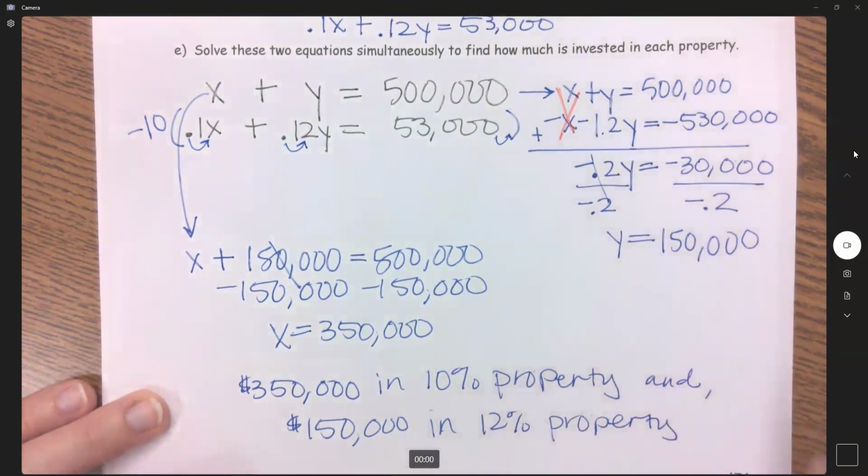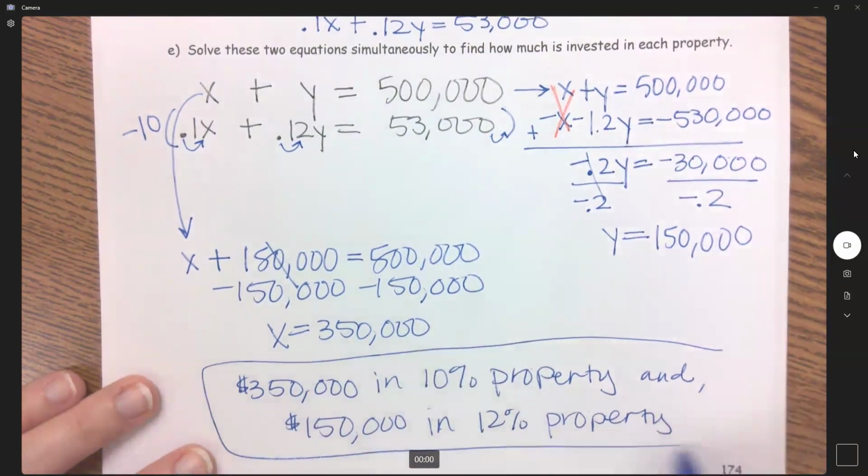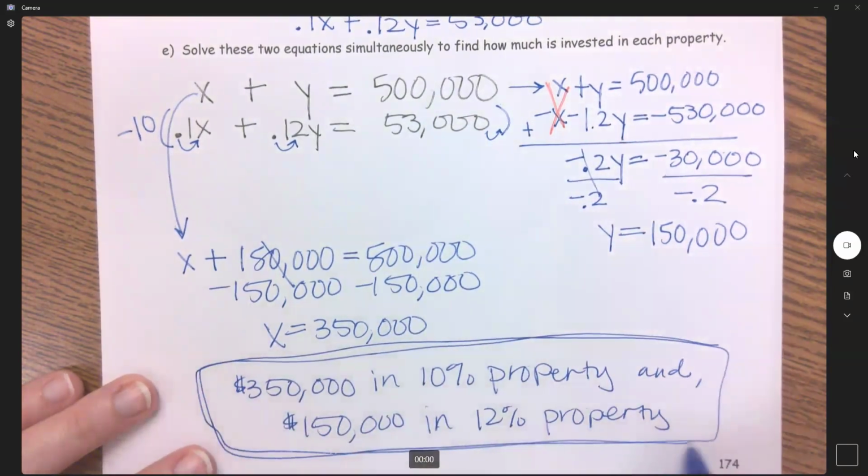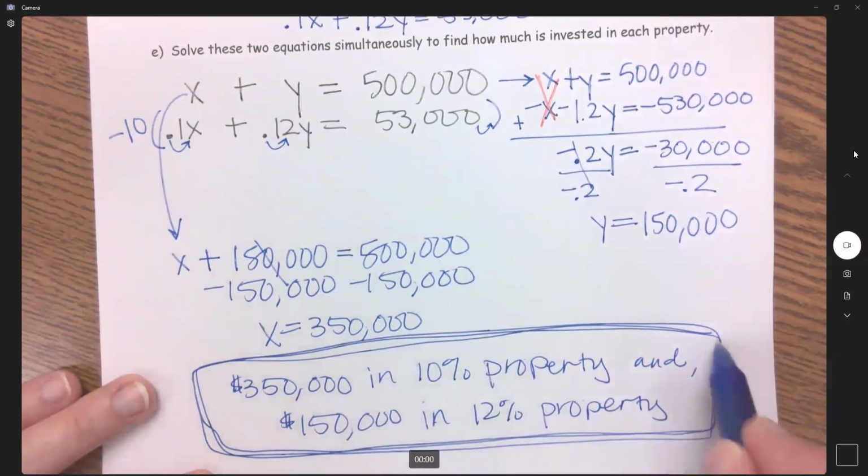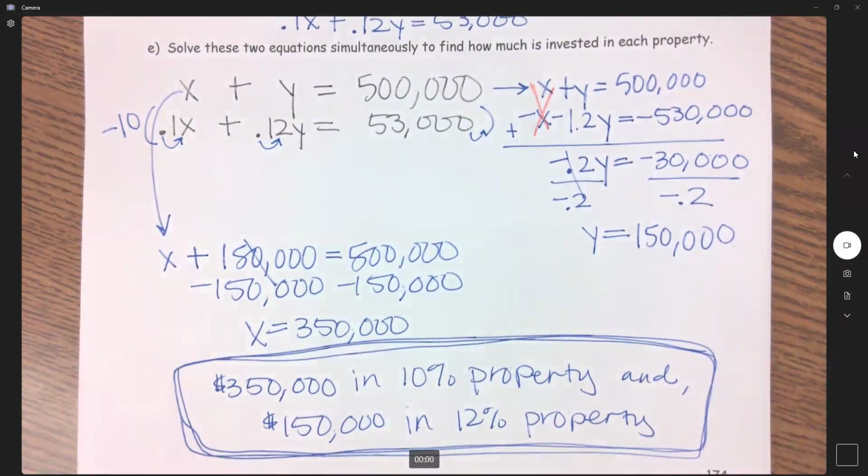Word answers need word problems. It would not really make sense to write this as an ordered pair because it doesn't answer the question that they gave you.